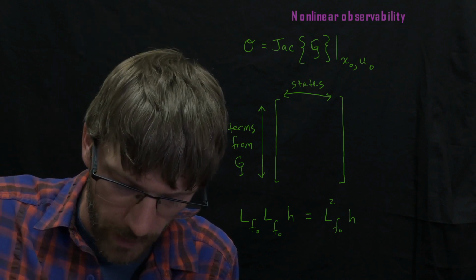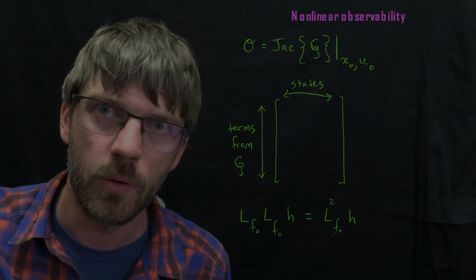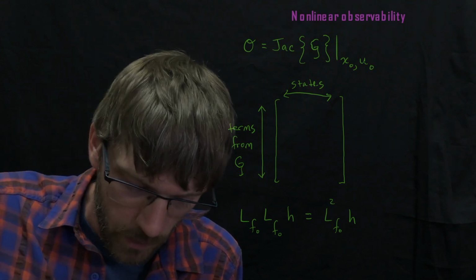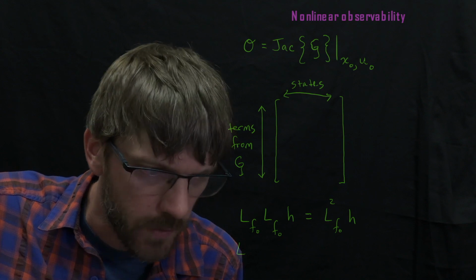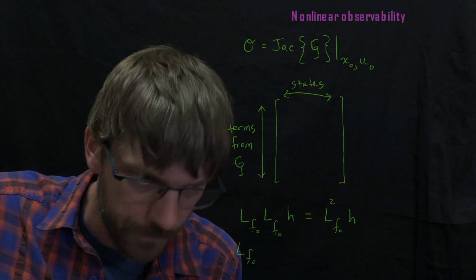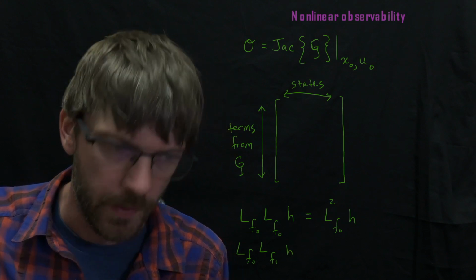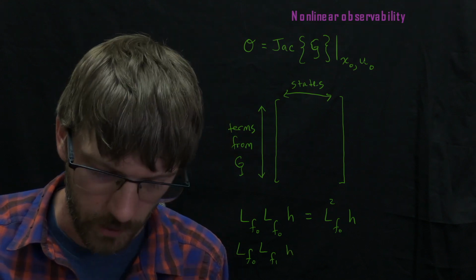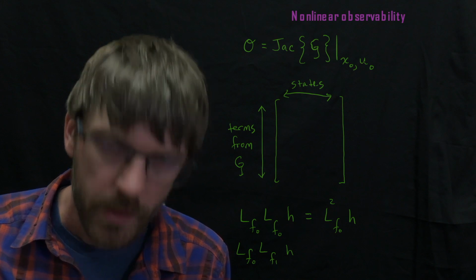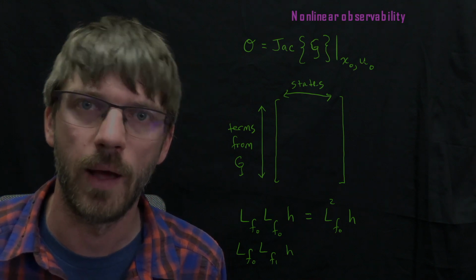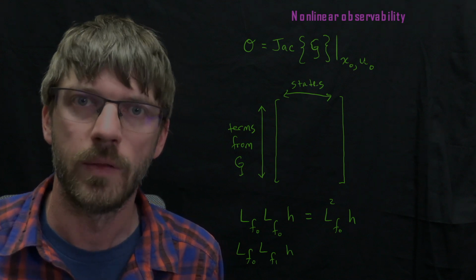You could also see what happens if you turn on your controls and then turn them off and let the system drift and determine the second derivative that way. So that would be, say, L_f0 L_f1 h. That one we can't really abbreviate anyway. We could also alternate controls, so we could have L_f2 and then L_f1, or the other way around.